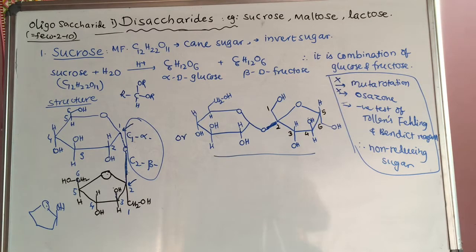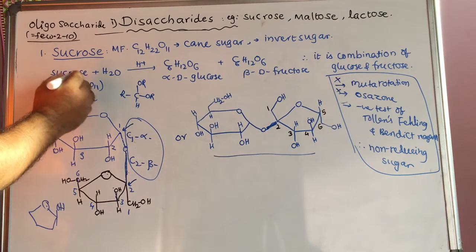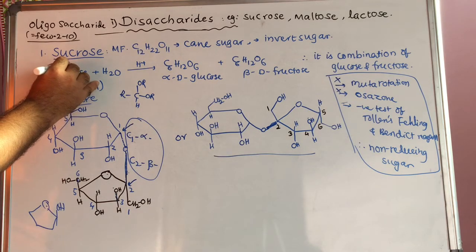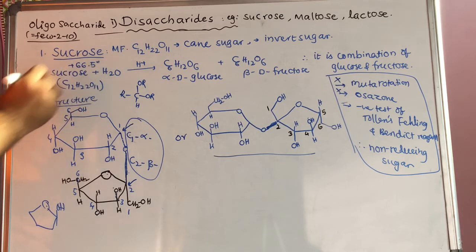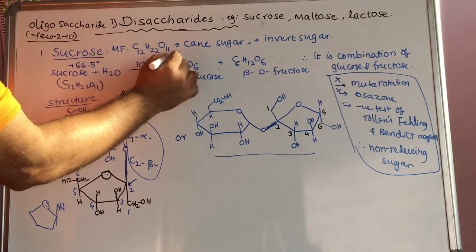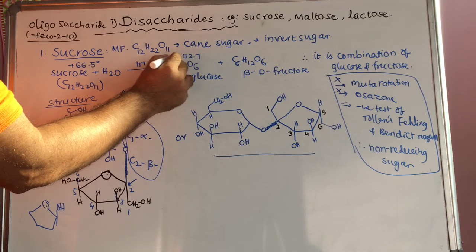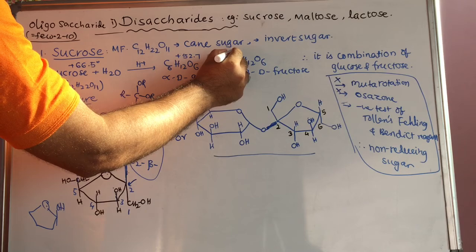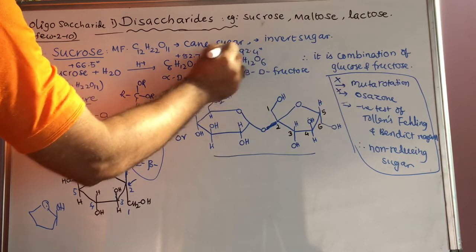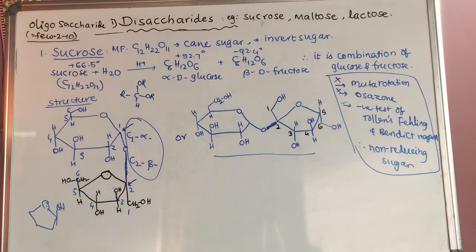And I told you that sucrose is also known as invert sugar. Sucrose specific rotation is plus 66.5 degrees, glucose specific rotation is plus 52.7, and fructose specific rotation is minus 92.4 degrees. When sucrose is dissolved in water, its specific rotation reaches minus 20 in some books, and in some books minus 22.